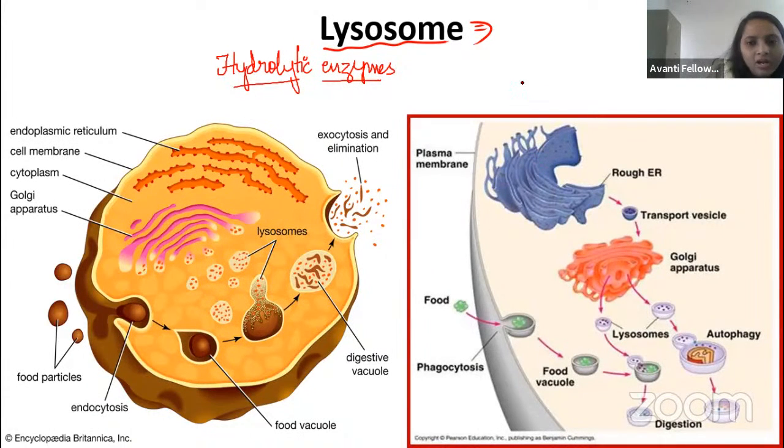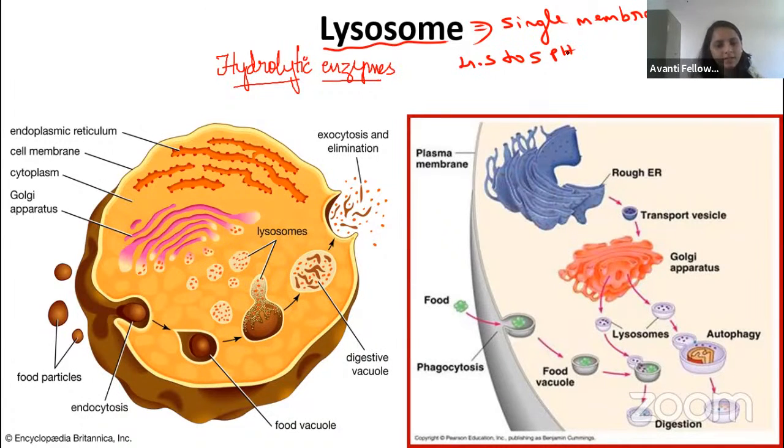The lysosome consists of all the hydrolytic enzymes, which function in acidic pH, 4.5 to 5. That is the acidic pH.